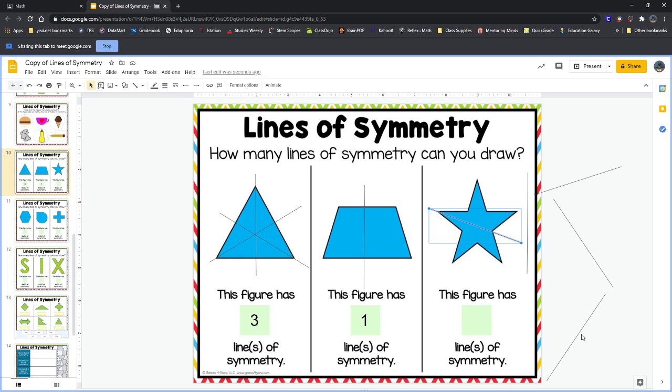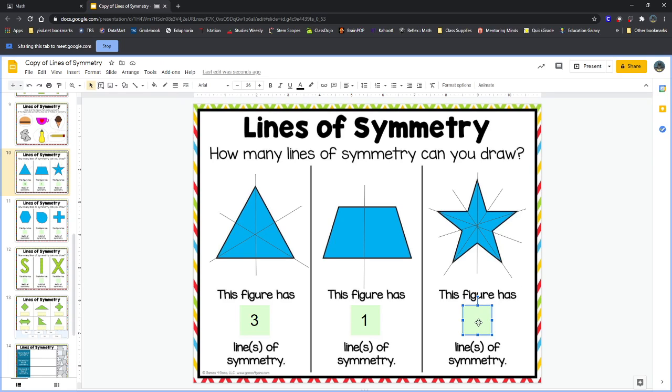So my star has 1, 2, 3, 4, 5 lines of symmetry. 5 different lines of symmetry.